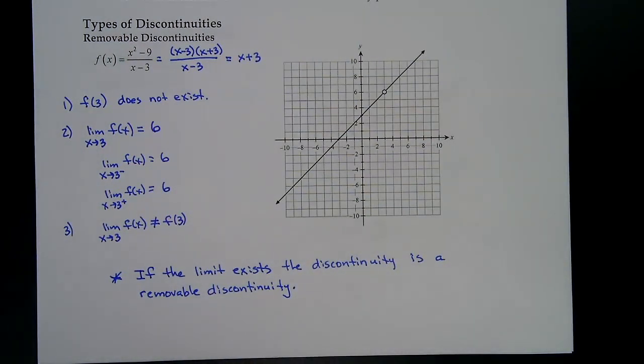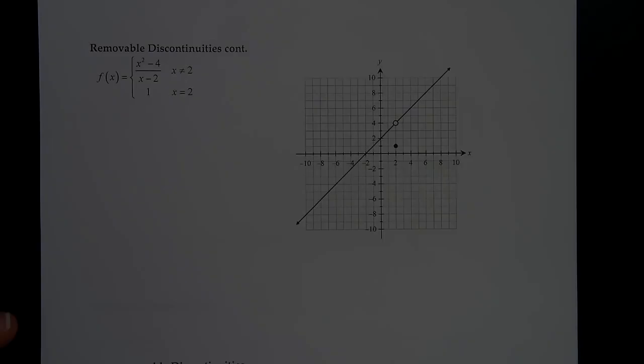All right? And so that's why it's called a removable discontinuity, because the limit exists, but it's not continuous still. If the limit exists and it's not continuous, it has to be a removable discontinuity. Let's go to the next problem.